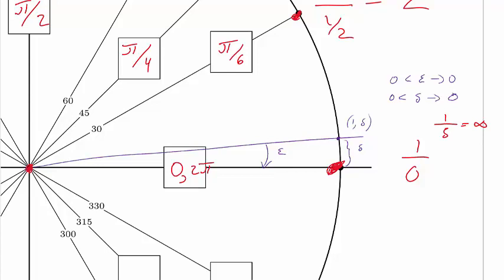And then we look at it from the other side. Again, we've got an ever shrinking epsilon, and we've got an ever shrinking delta here. This delta is now below the y-axis, so our x and y values will be 1 and negative delta.